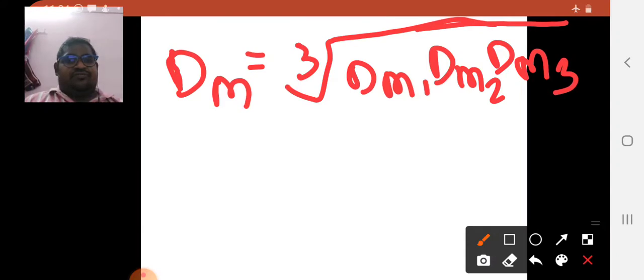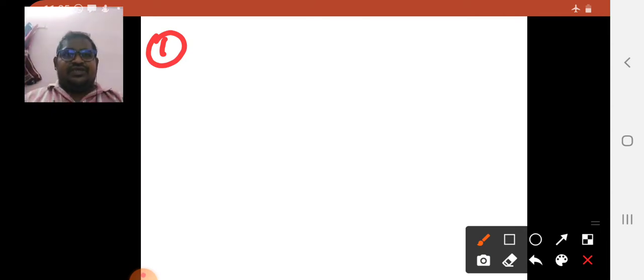Let us write some formulas of the inductance in terms of GMD and GMR. These three formulas you need to remember. The first one is the single phase line.